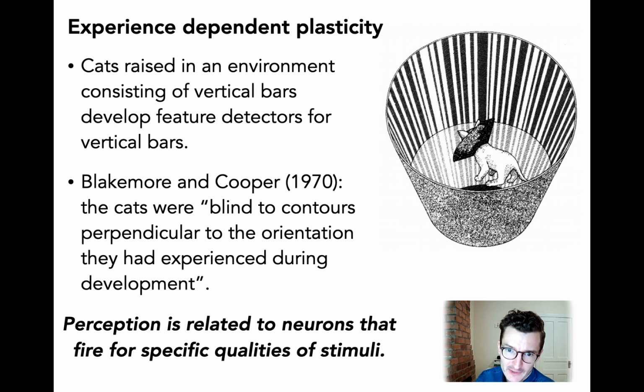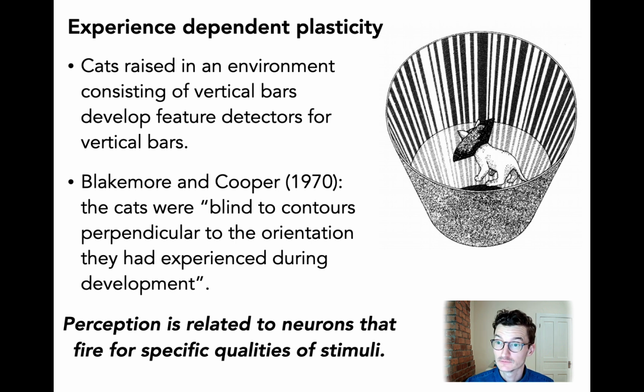So how do we know that the quality of things we perceive relates to the firing of feature detection cells? Well, Blakemore and Cooper ran this experiment in the 1970s where they raised cats in an environment that consisted entirely of vertical bars.